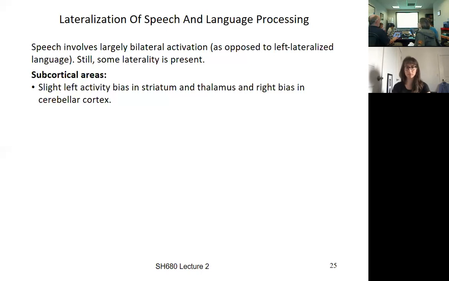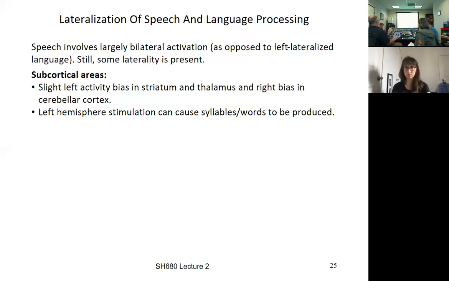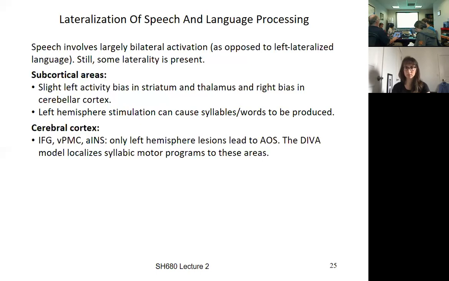Recall that the cerebellum is connected with the opposite side of cortex, so again, that would imply left cortex. If you stimulate left hemisphere subcortical structures, in particular the caudate and the VL thalamus, you can get entire words being produced, but you cannot get that if you stimulate the right. So again, something is different about the left, exactly how different, not entirely clear yet.